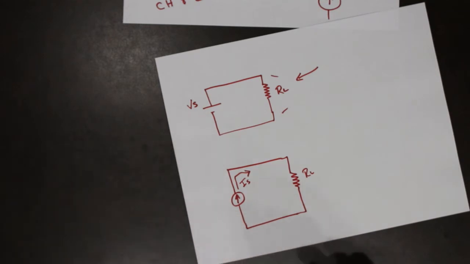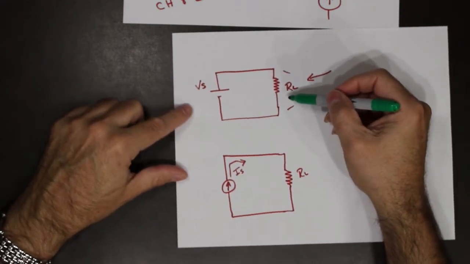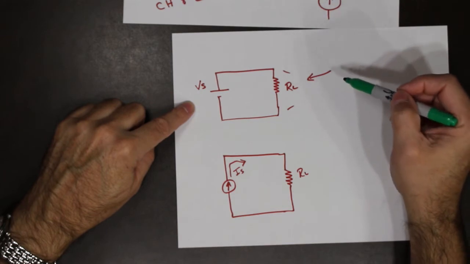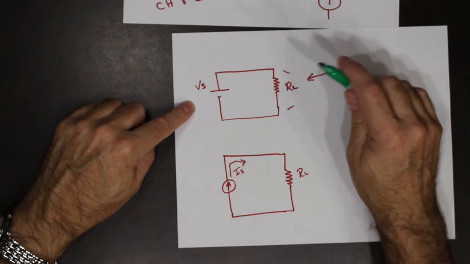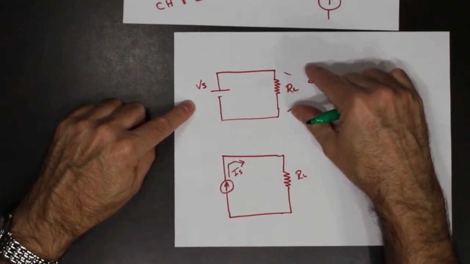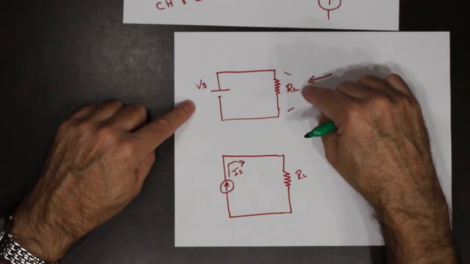So again, in an ideal voltage source, a DC voltage source will supply constant voltage to the load even though the load value changes.